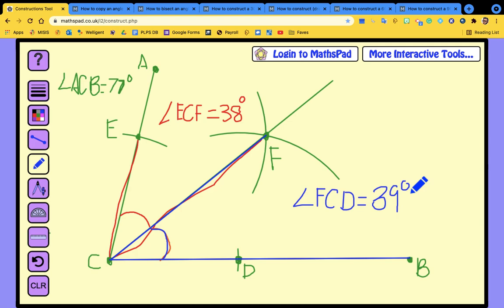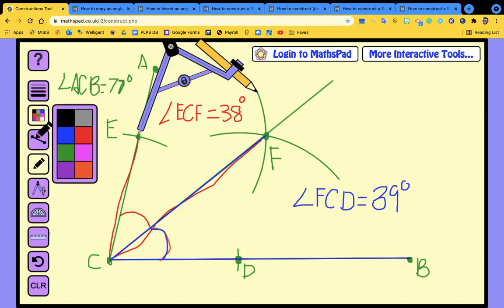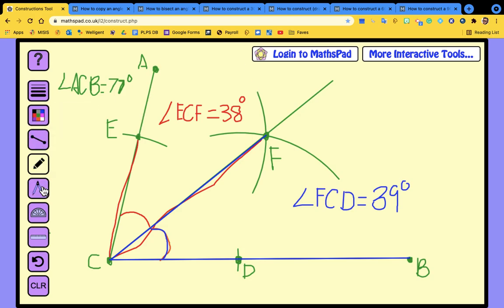Now, what's cool is 39 plus 38 is 77, right? 39 plus 38 is 77. So, we can say that, right?